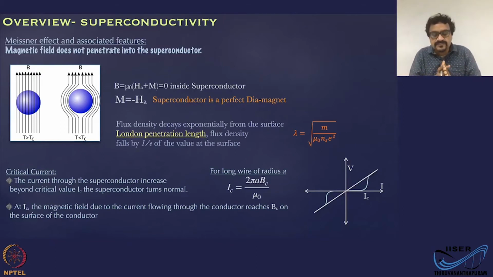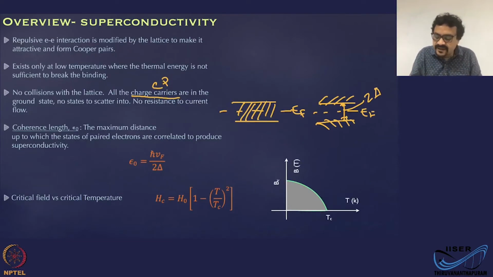because what happens is, when you run a current through a system, the current will develop a magnetic field, and that magnetic field is proportional to the current, and at the critical current, the magnetic field developed is actually Bc, the critical field. At critical field, Tc will be 0, or the material becomes normal.